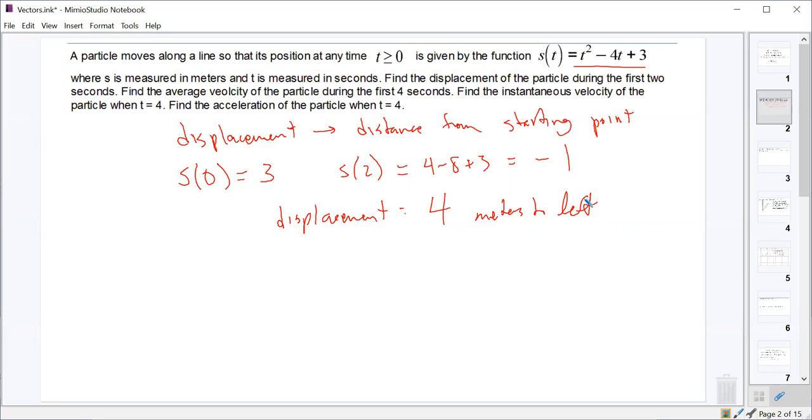What if we wanted to find the average velocity? Maybe we should fix that. Pretend that says velocity. Perfect, now it does. All right, how would we find the average velocity of the particle during the first 4 seconds?